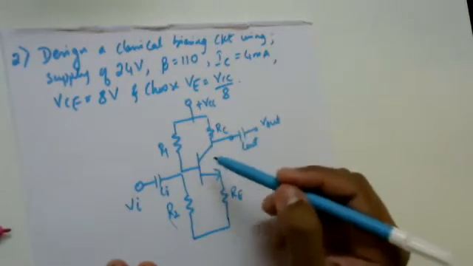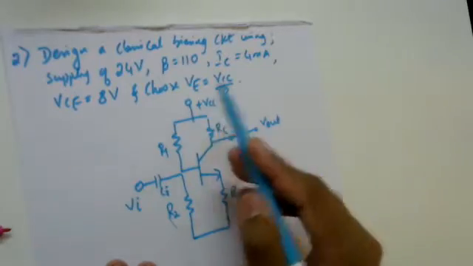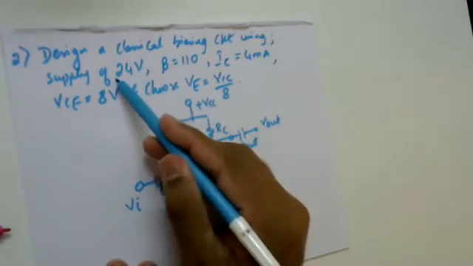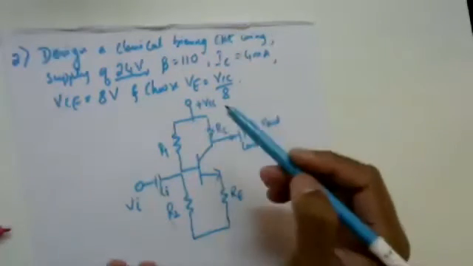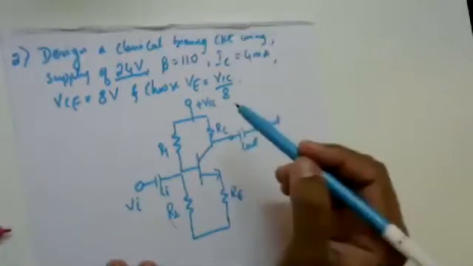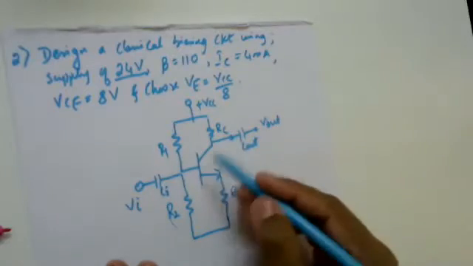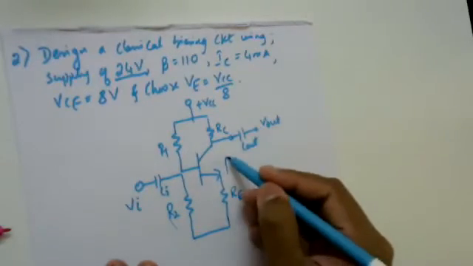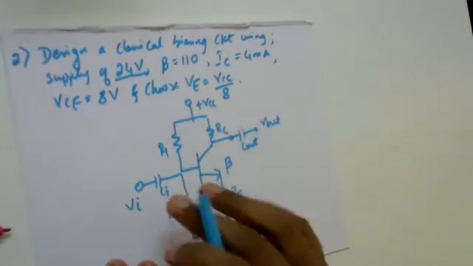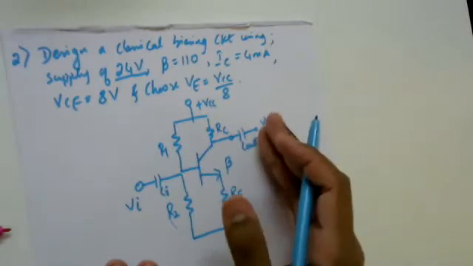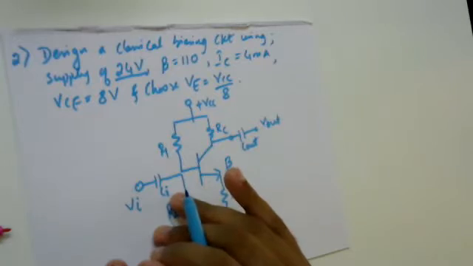And what he's saying is that the biasing voltage you have to apply is 24 volts. Your VCC has to be 24. Then second thing, he's saying that this transistor has current amplification factor beta as 110. That is, your output current will be 110 times that of your base current.